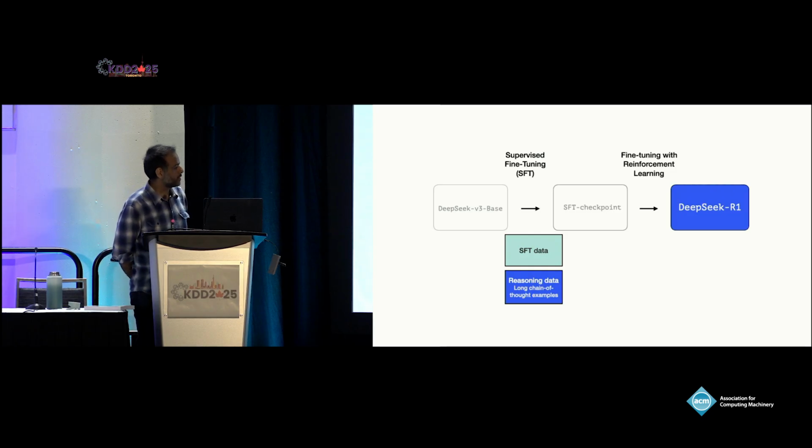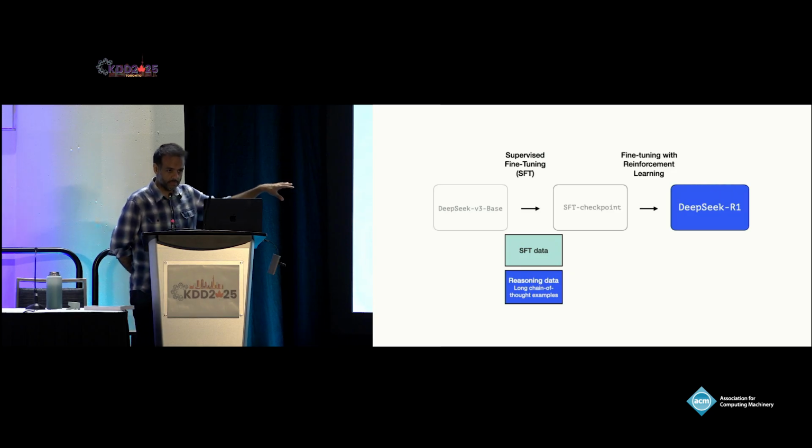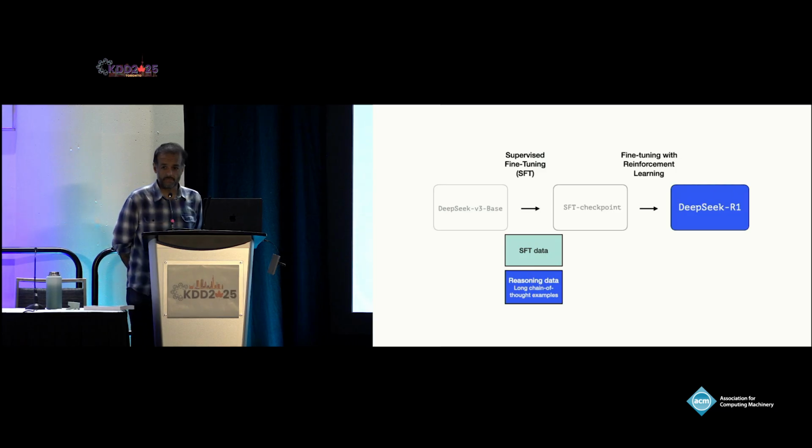One of the best parts of reading the DeepSeek R1 paper is to see how they came up with those reasoning traces. And to do that, they use a couple of methods. About 5,000, I think, of them are labeled by humans, because these are very expensive. You need these long traces. But they trained a different model that is very good at reasoning data.